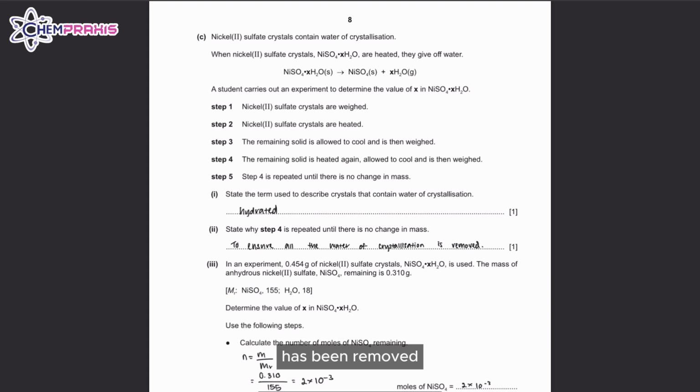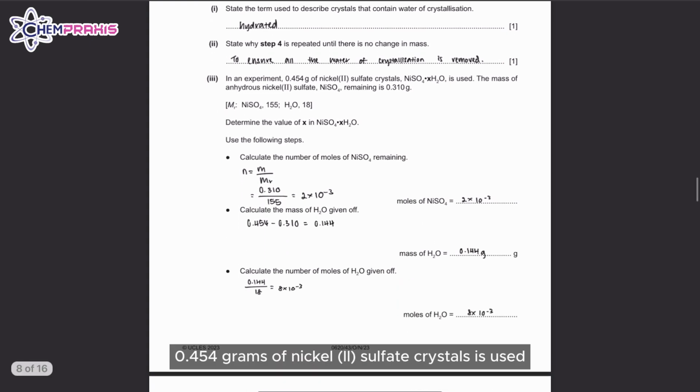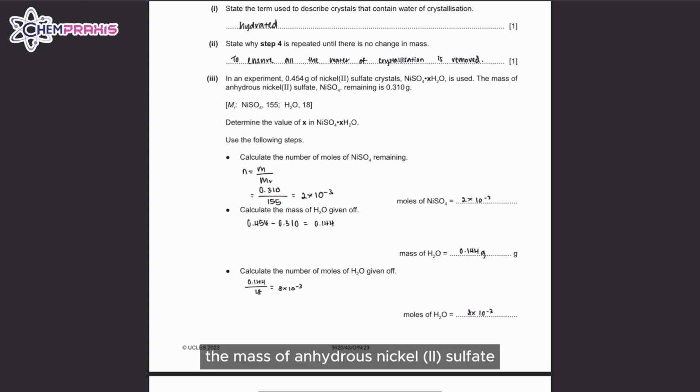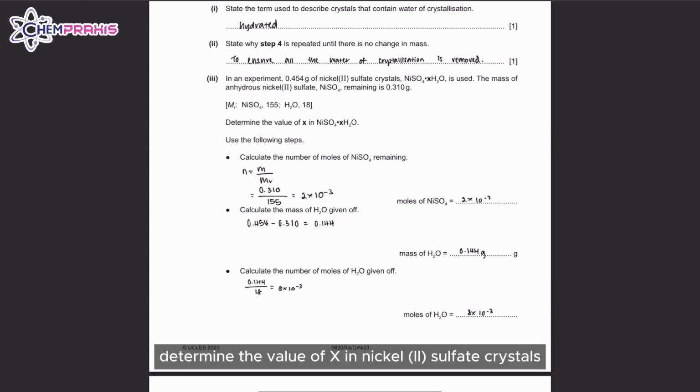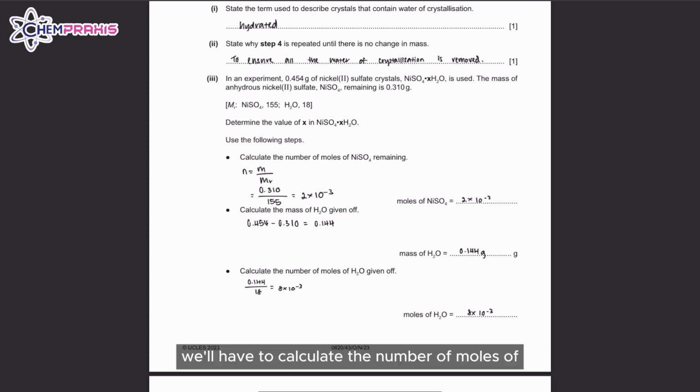In an experiment, 0.454 grams of nickel(II) sulfate crystals is used. The mass of anhydrous nickel(II) sulfate remaining is 0.310 grams. Determine the value of x in nickel(II) sulfate crystals. Firstly, we'll have to calculate the number of moles of anhydrous nickel(II) sulfate.